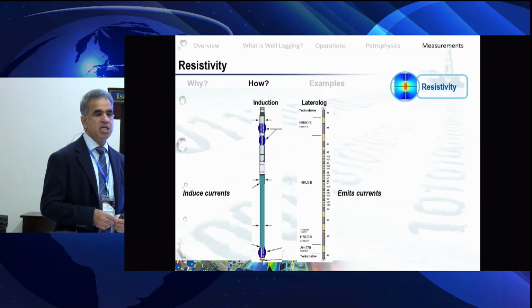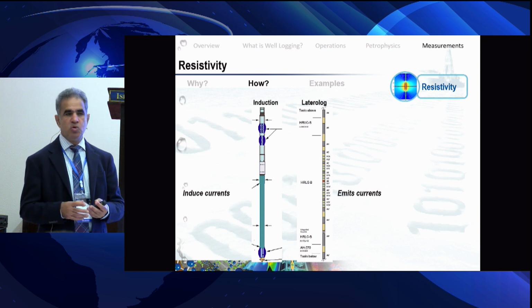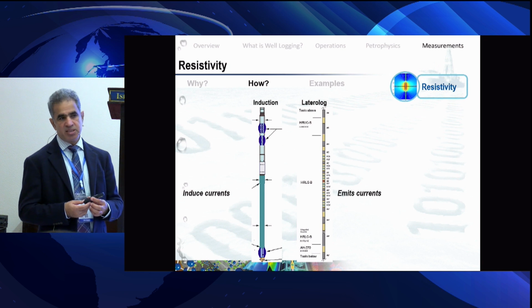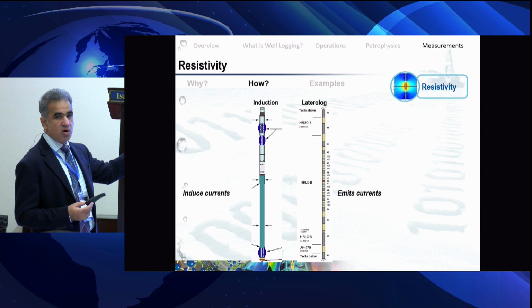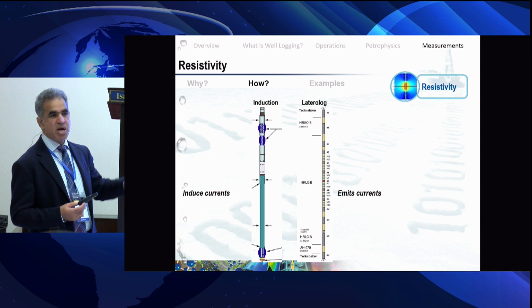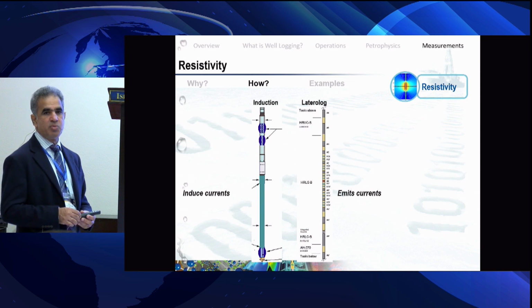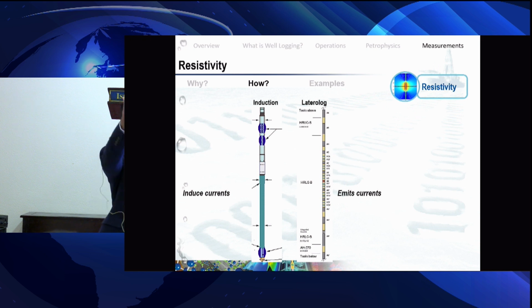These are two principally different measurements we do in different environments, with different types of muds. Induction is run, and lateral log is run, in different environments. In Pakistan, we mostly do lateral log because of our borehole, drilling fluid and formation characteristics.